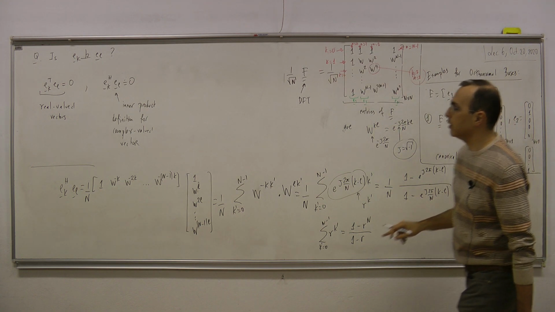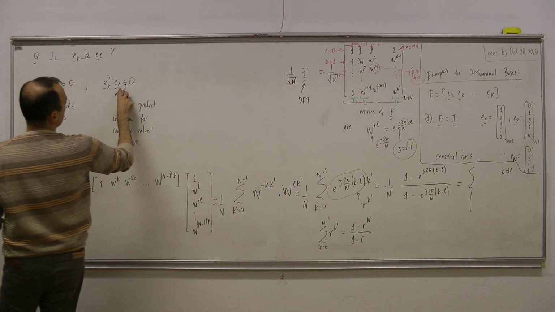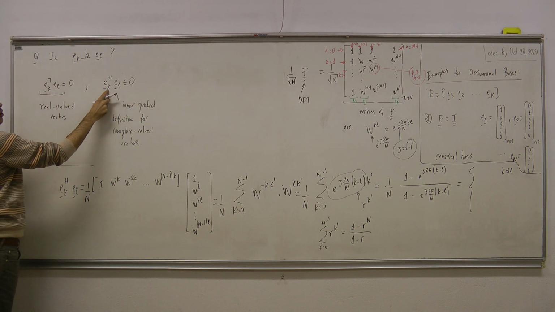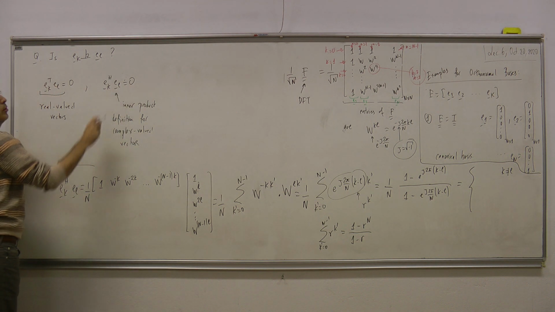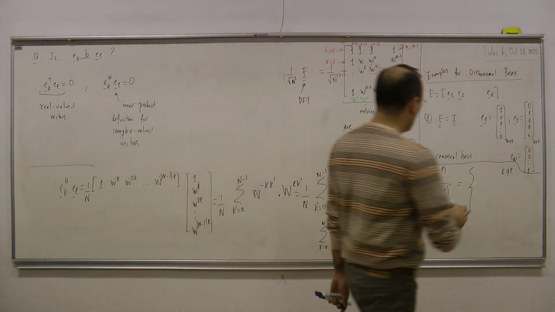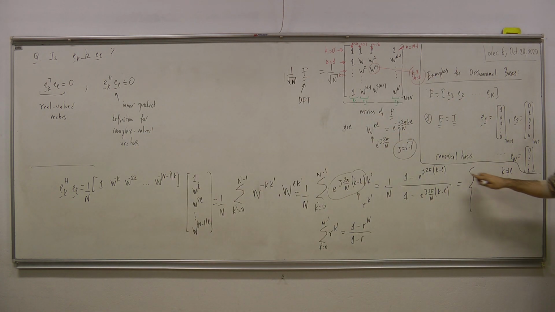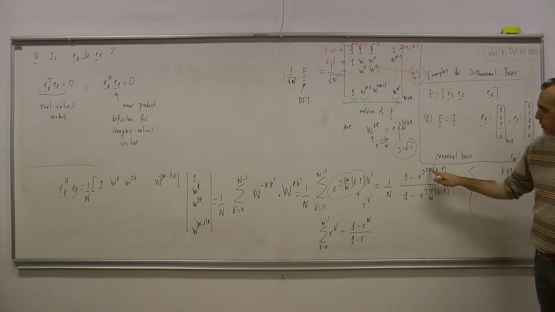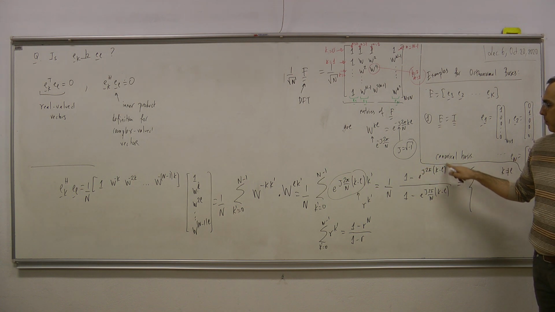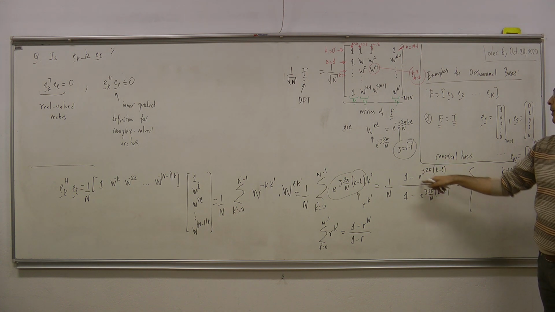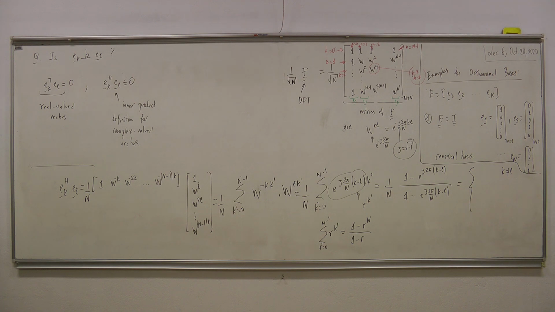Now over here, L corresponds to, maybe this is easier, k corresponds to the index of the first vector, L corresponds to the index of the second vector. So if they are different, this is also an integer. And then this number is always equal to 1, because e to the j 2 pi times an integer is equal to 1. Okay? So I get 0 over here.